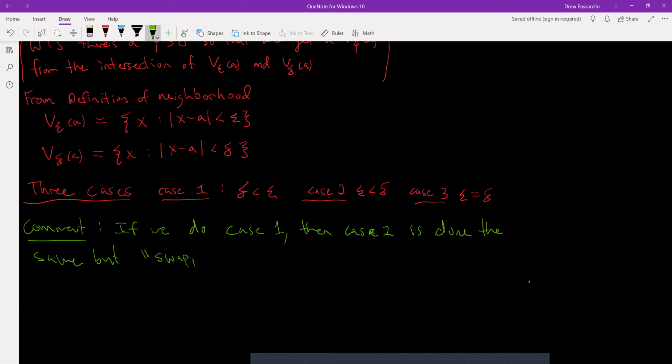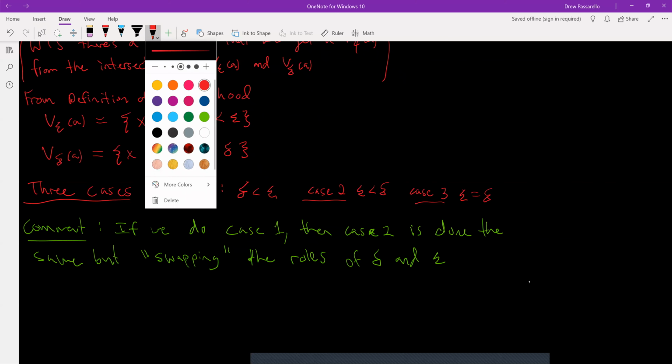So all I'm going to do is case one, and then just say case two is handled similarly. Just swap the letters, swapping the roles. Right, and that's not part of the proof. I just figured I'd go ahead and say that.